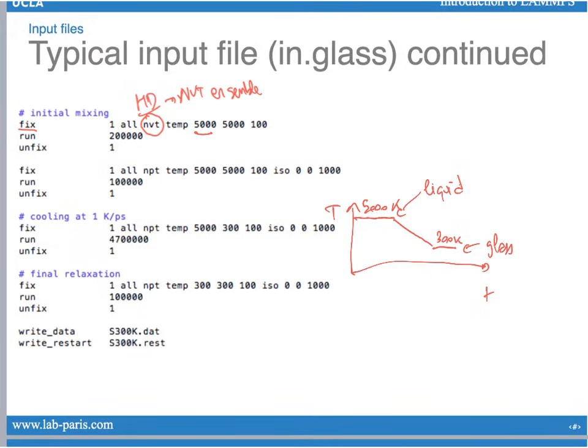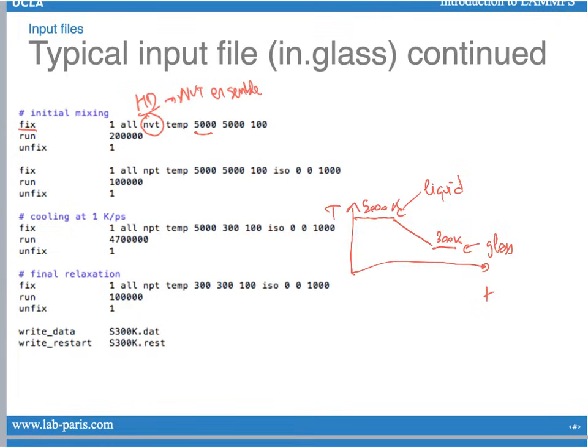So the first step is to do this NVT simulation at very high temperature. The reason, besides melting the glass, is that we are not sure that the initial configuration that we provided is realistic or not. So we need to mix the system at very high temperature. The atoms are going to move very fast with respect to each other. This is to make sure we lose the memory of the initial configuration.